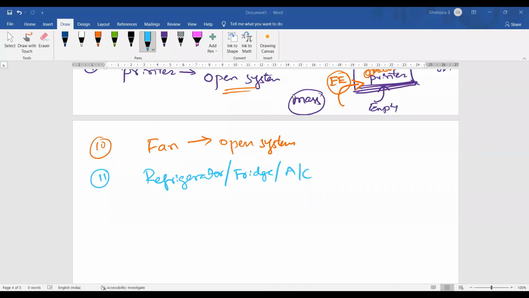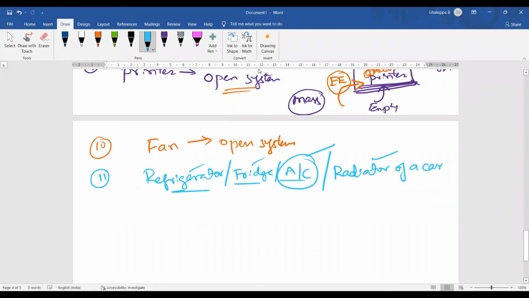Okay. So refrigerator, fridge or air conditioning, or you can say the radiator of a car. Whether it is an open, closed or isolated system? Sir, it is an open system, sir.